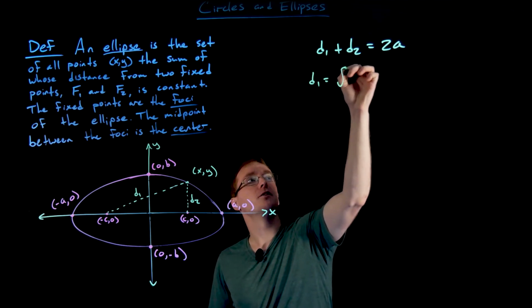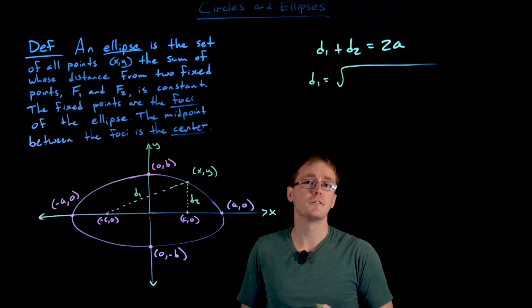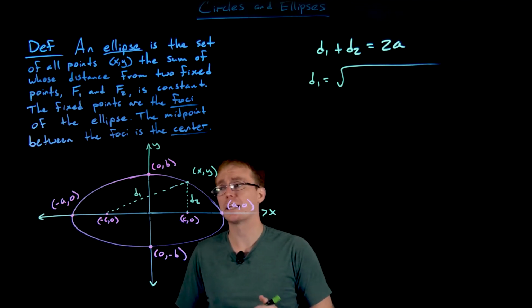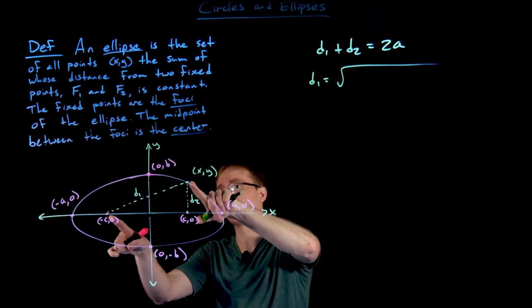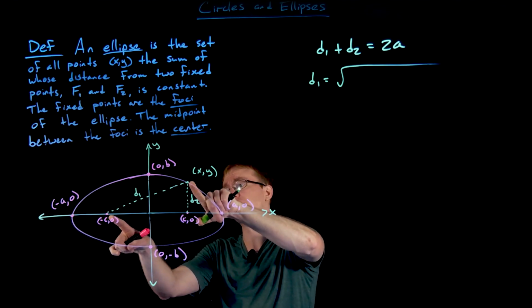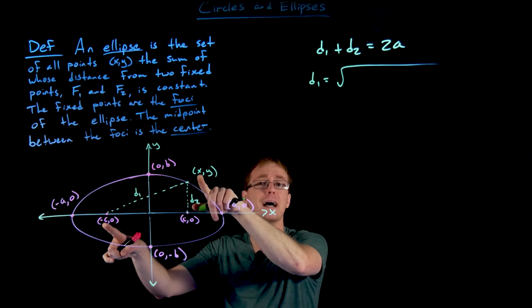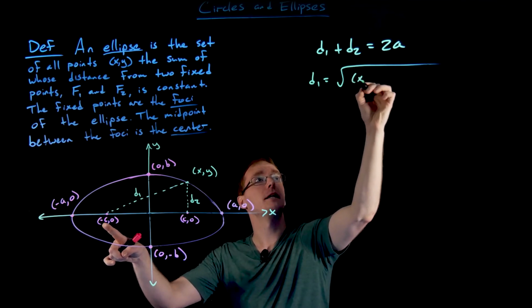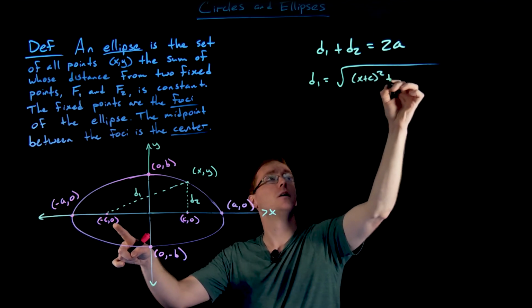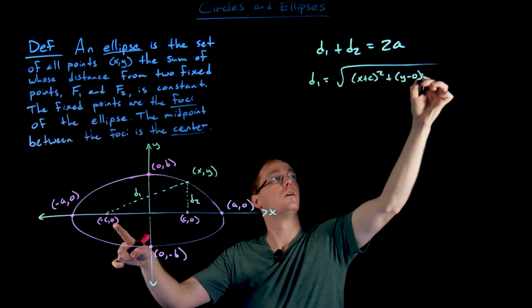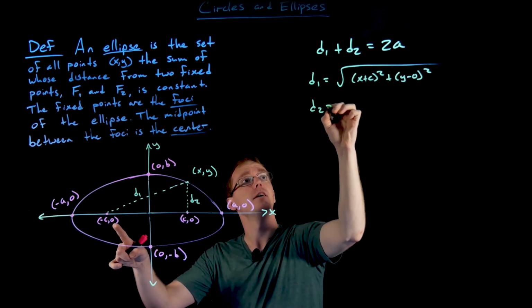So d1 will be the square root of the sum of the squares of the differences between the x and y coordinates for the two corresponding points. Those are going to be (negative c, 0) and (x, y). So the difference between our x-coordinates is going to be x minus negative c, or x plus c, squared. And the difference between our y-coordinates will be y minus 0, or just y, squared.